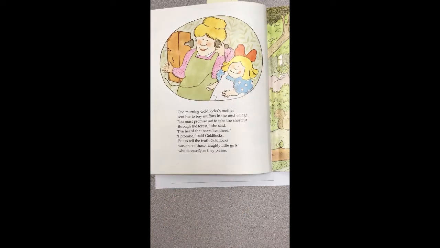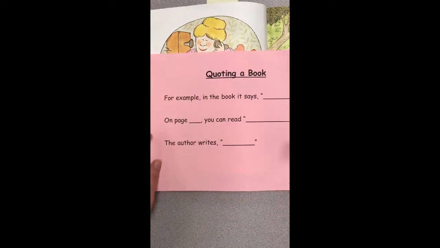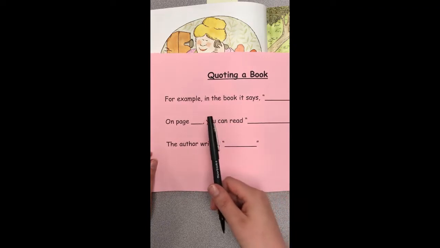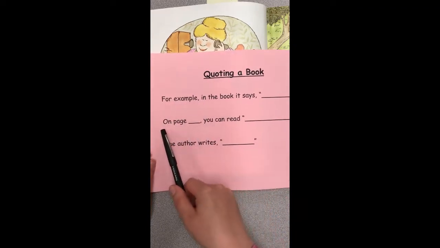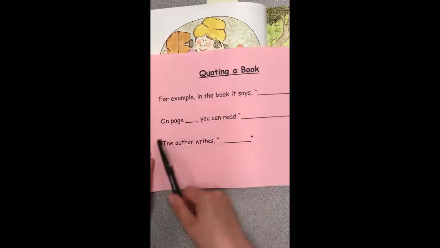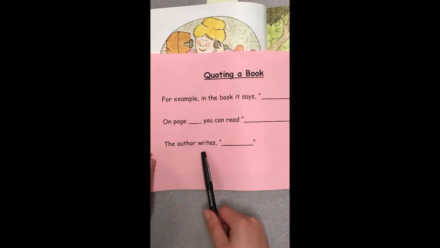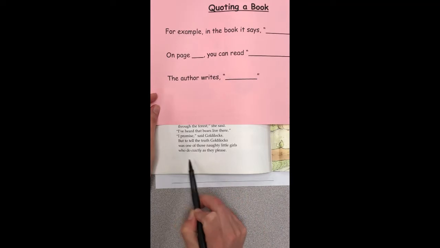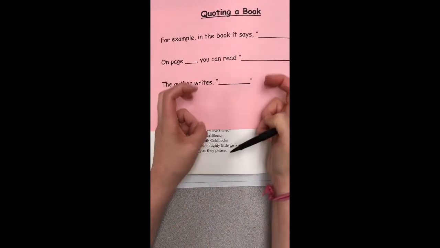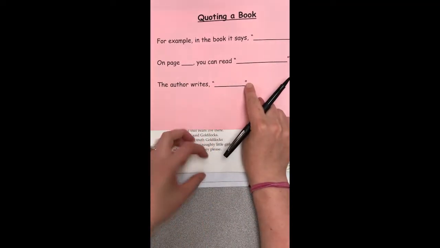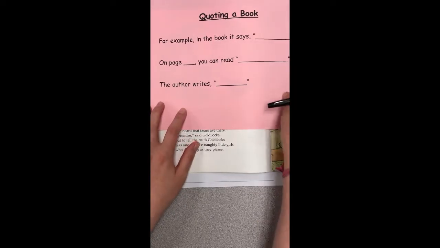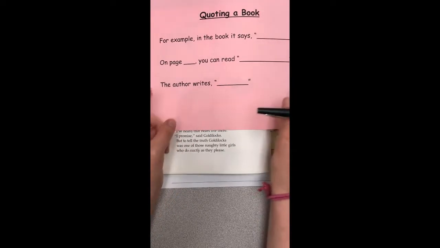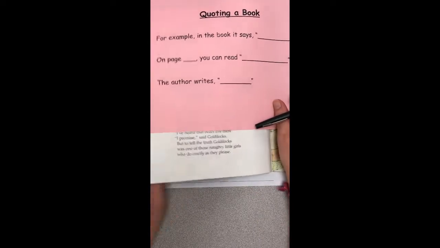So I am looking at my quoting book paper. All right, and I think I have for example, or on page, or the author writes. I'm going to try this bottom one. The author writes, and so I'm going to start with the author writes, and then I'm going to take these words right here and put them in those quotes, okay, because I'm pulling it right from the book. Because when you use words that are right from the book, you put them in quotes.